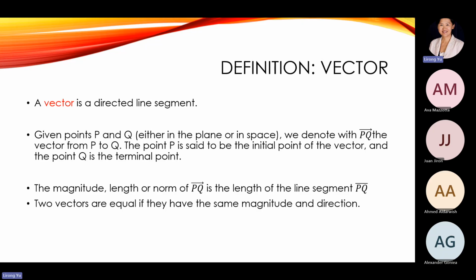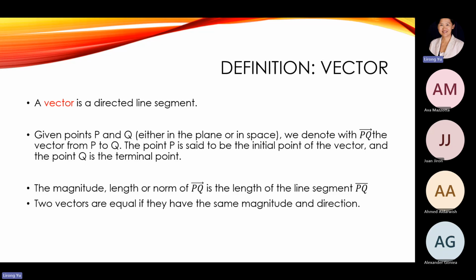Now, the magnitude of the vector PQ is also called the length of the vector PQ or the norm. So the words magnitude, length, norm about a vector are basically the same thing. You're really finding the distance between point P and Q.